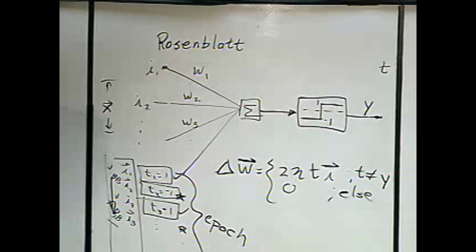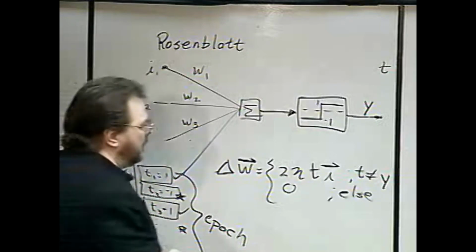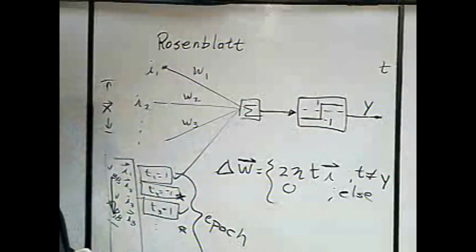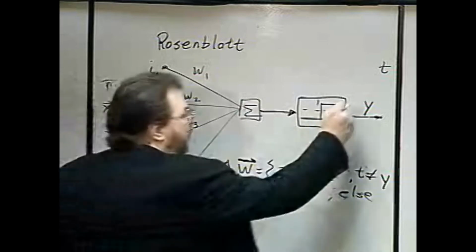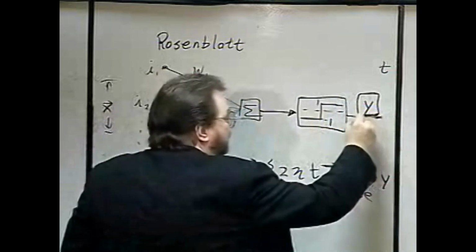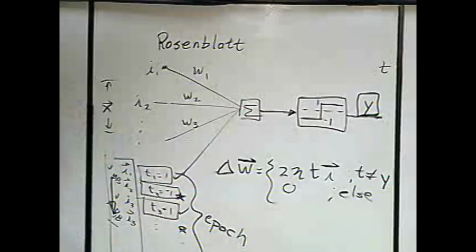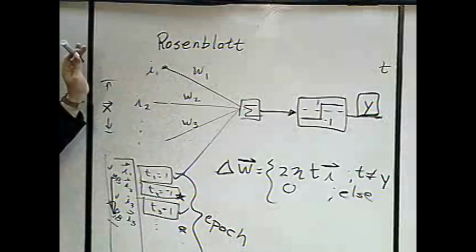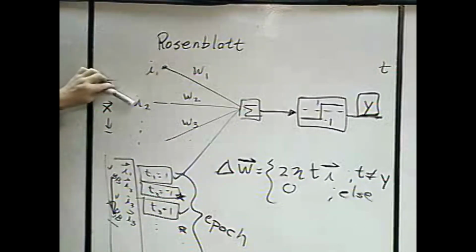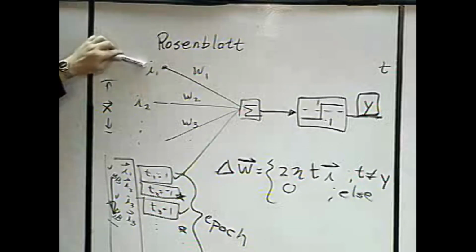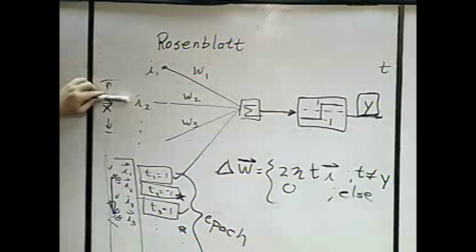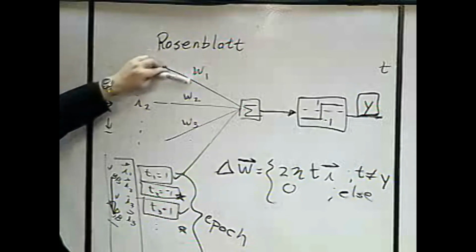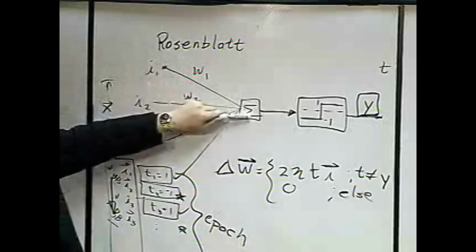So, I'm sorry, the vector I is filled with ones and negative ones? No, the vector I is not filled with negative ones and ones. The output is binary. Let me go through it again. The input and the weights are floating point. The inputs might be, for example, the weight of the individual and the height of the individual. These are multiplied by these weights and summed up.